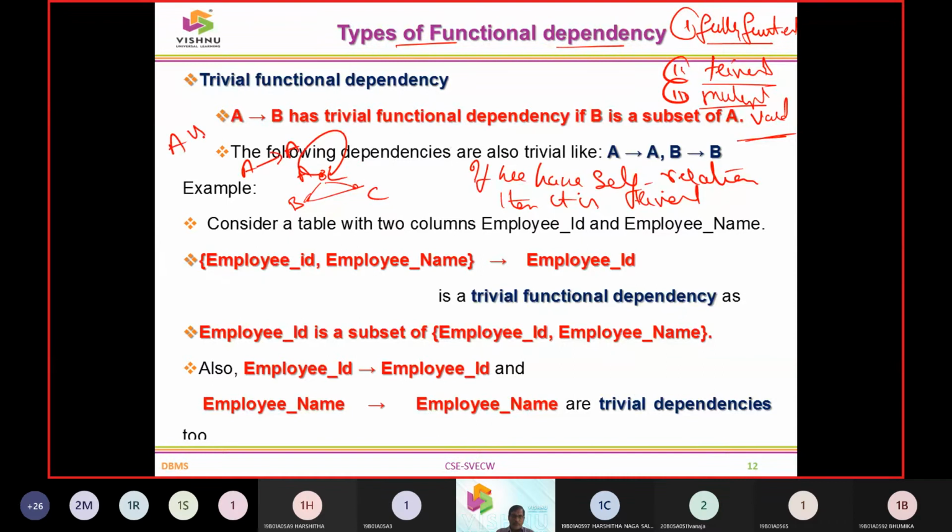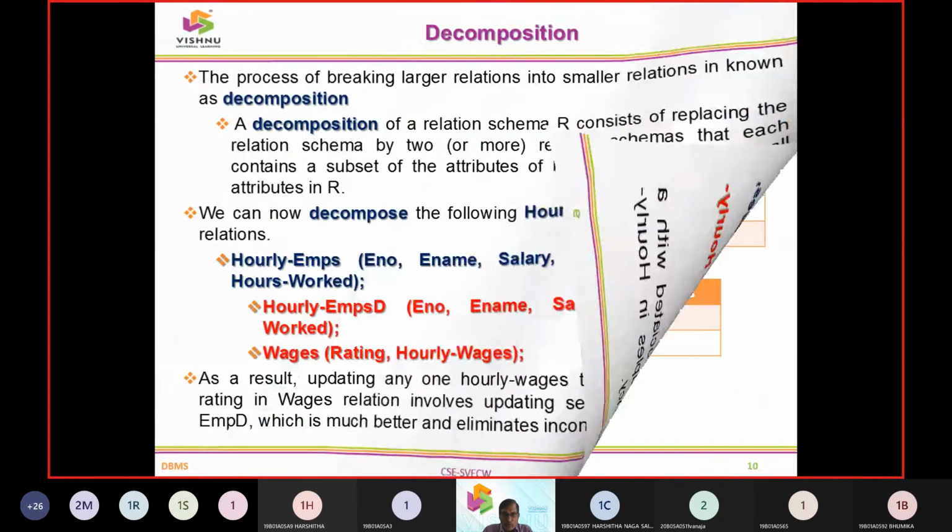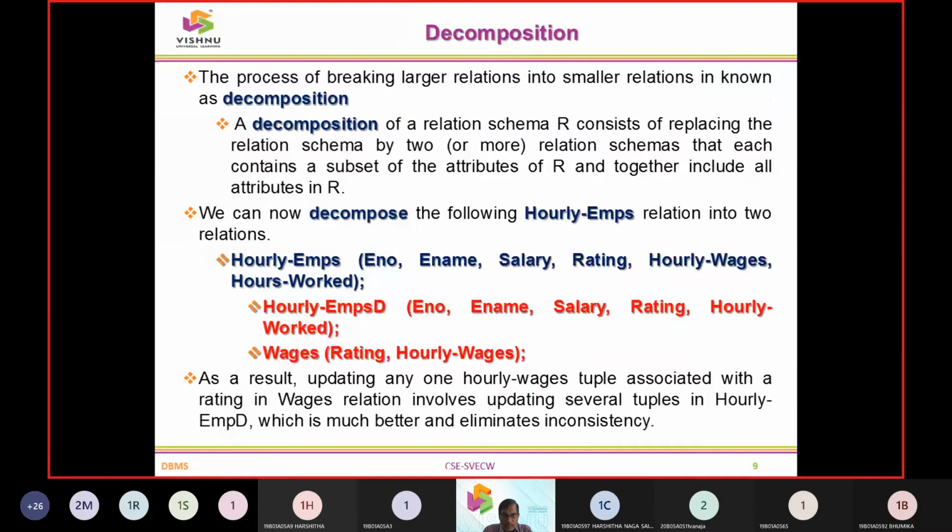That means A is subset of A, to itself. So we call this concept a trivial dependency.